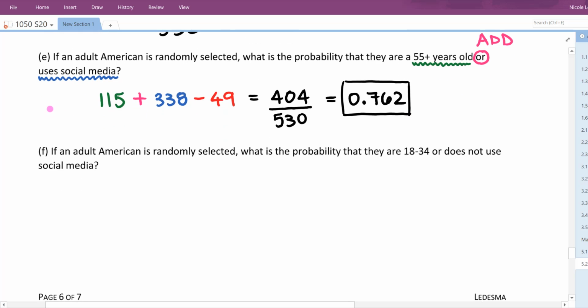Now for part F, very similar to part E, it says if an adult American is randomly selected, what is the probability that they are 18 to 34 or do not use social media? We again have the keyword "or," that'll tell us to add.